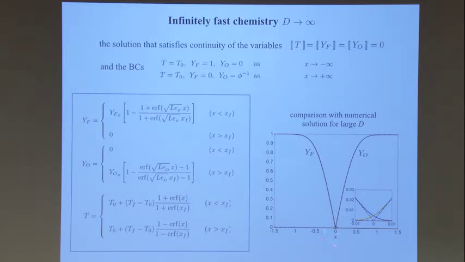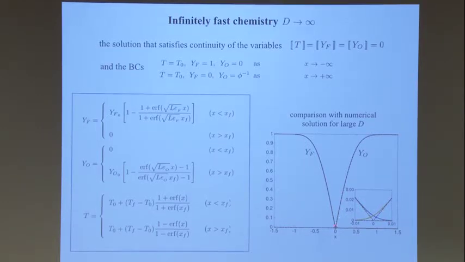In fact, you don't see quite well here, but there are two curves. There is one which is the actual Burke-Schumann solution, the analytical solution, and the second one is a numerical solution where we have taken D sufficiently large. I think it was something like 100 after it has been scaled. And in fact, in this inset, you see the difference. So the dashed line is the Burke-Schumann solution, and the blue smooth line is the numerical solution.